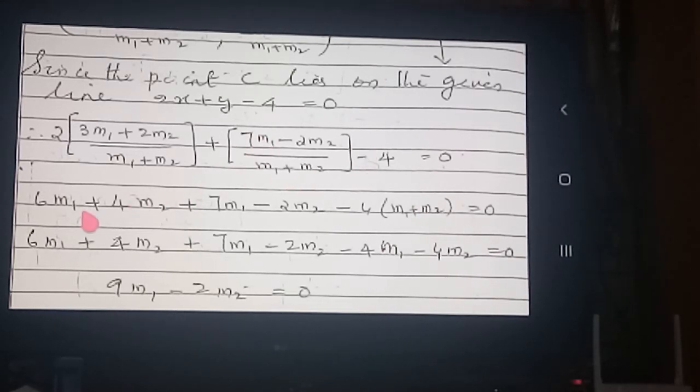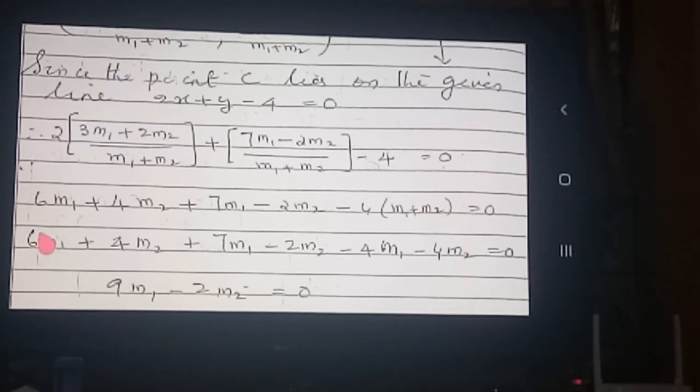Taking the total LCM, see here: 6m1 plus 4m2 plus 7m1 minus 2m2 minus 4 into m1 plus m2 is equal to 0.